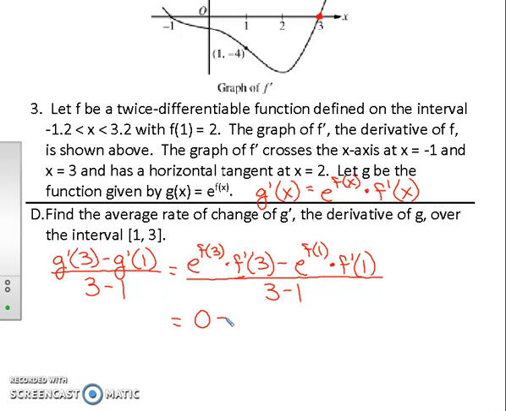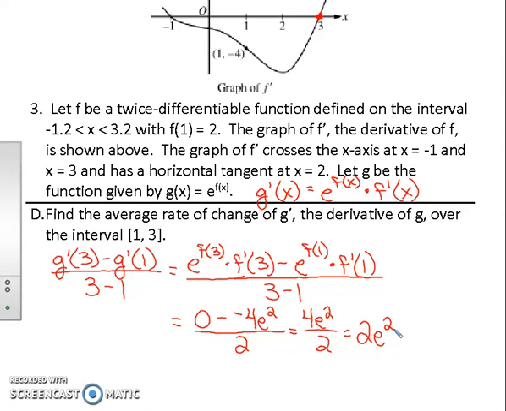And then the e to the f of 1 times f prime of 1, if you found it correctly in part A, that was negative 4e squared. And then all over 3 minus 1 is 2. So you end up with 4e squared over 2, or 2e squared for your average rate of change.